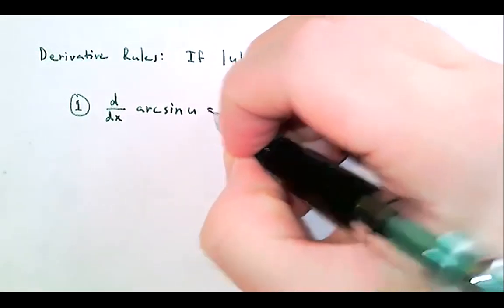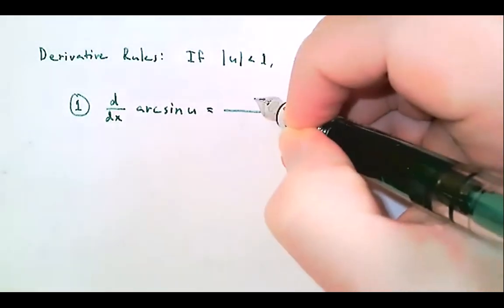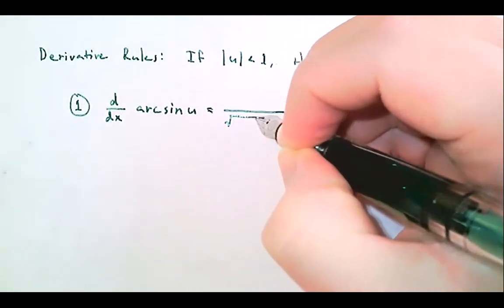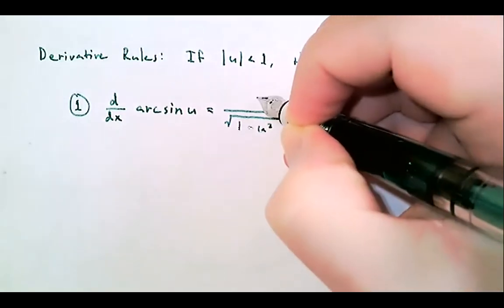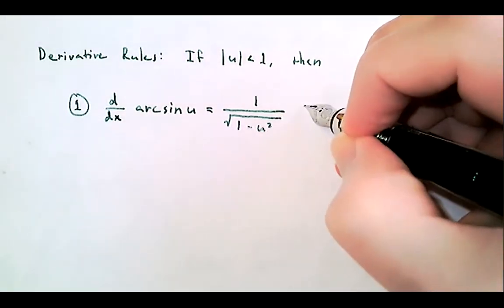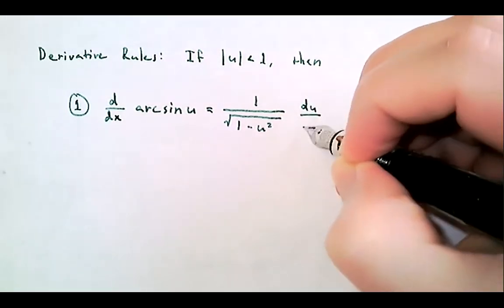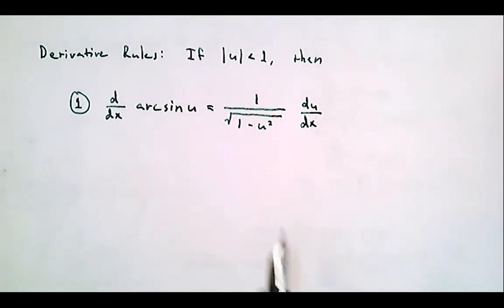Then the derivative of this guy is what we just discussed, but with a u plugged in. So 1 minus u squared with the 1 on top. And then from the chain rule, you would get a du dx afterwards. So you have to take the derivative of whichever function you plugged in.